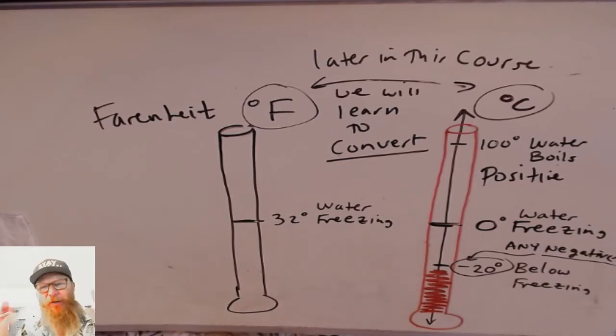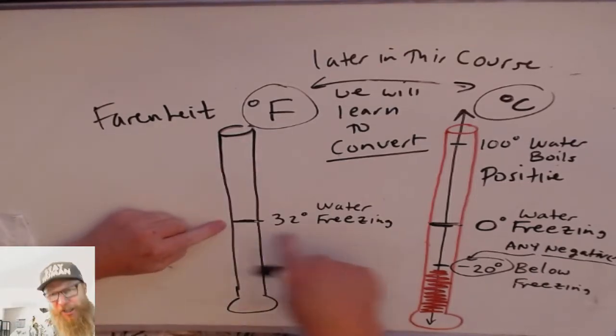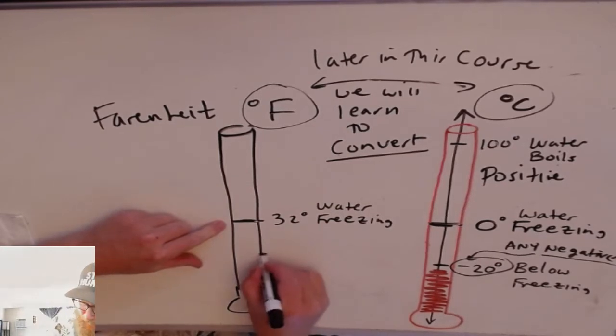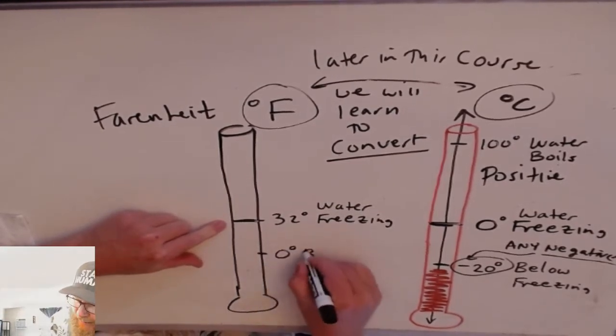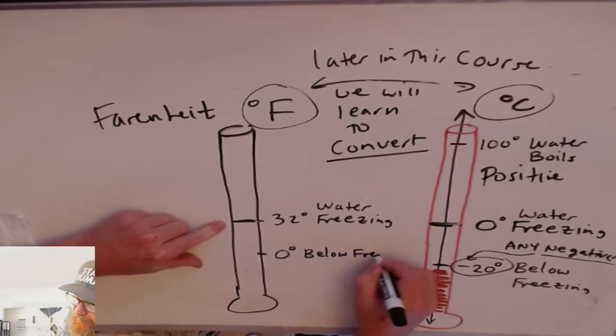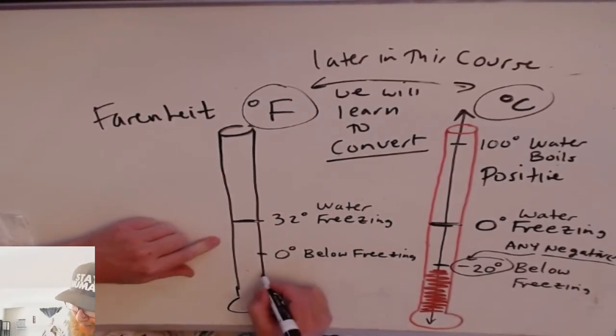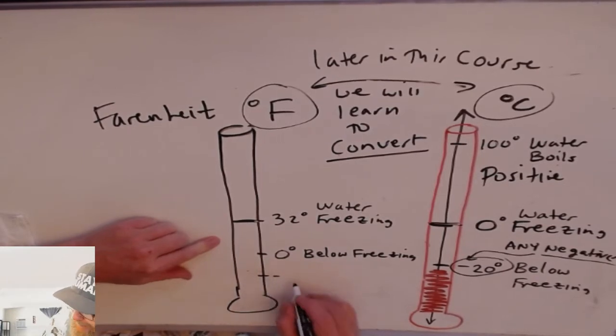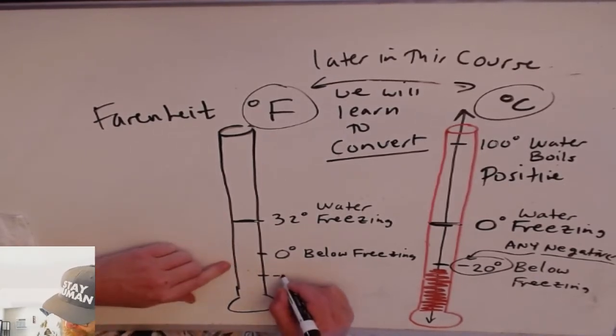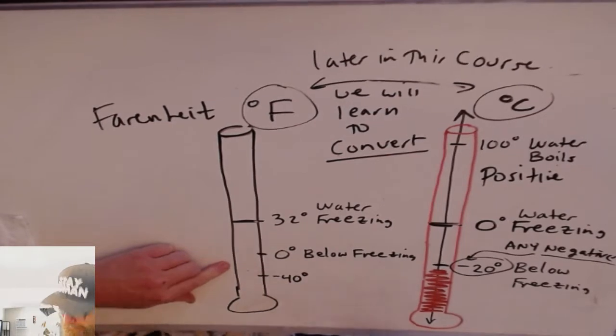Okay. So the weird thing about Fahrenheit is 32 is the freezing. And so 0 degrees is actually below freezing. And then negatives would be, I don't know, we'll just do something like that.